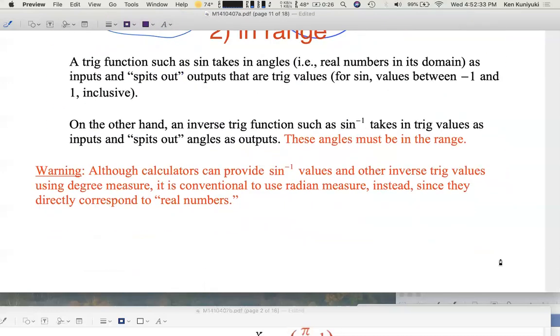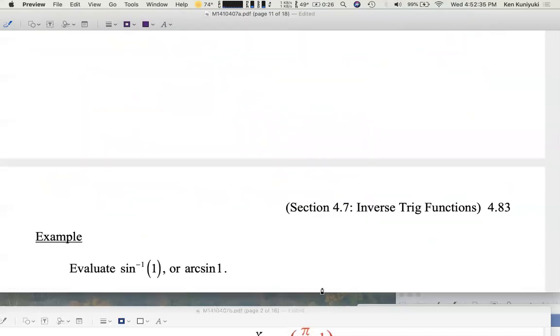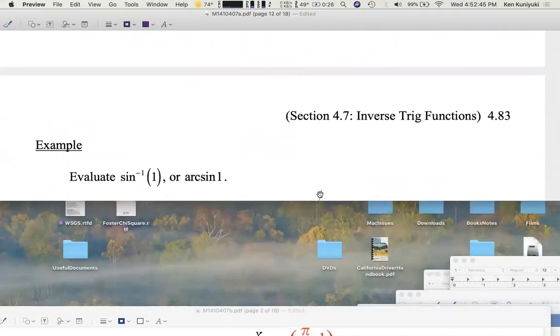So once again, if you are asked to evaluate the inverse sine of 1 or the arcsine of 1, how would you go about doing that? You could think of it as a kind of box method, like when we did logs in chapter 3. The inverse sine of 1 is what?